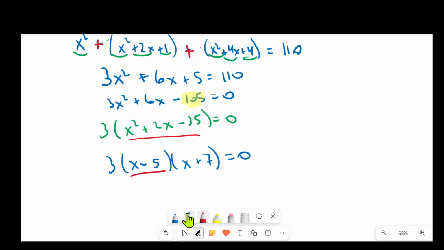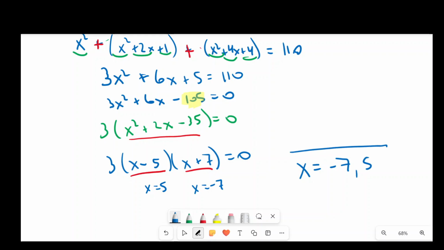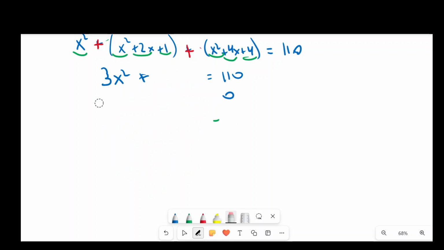What number makes this bracket 0? x equals 5. What number makes this bracket 0 is x equals -7. So I have two solutions. So my answer to the question is that x equals -7 and x equals 5. Okay, so let's clear the screen and look at the next question.